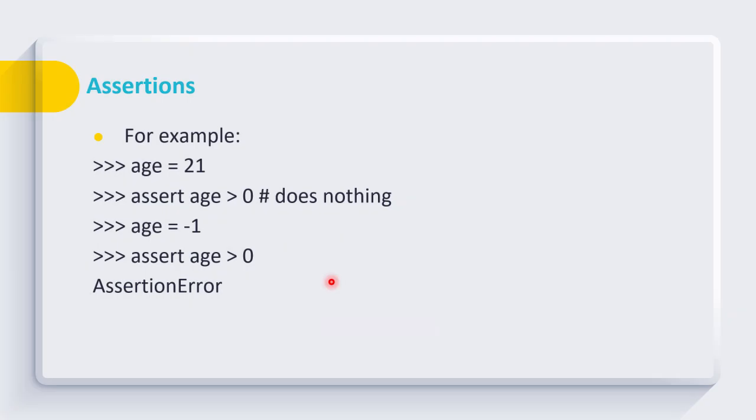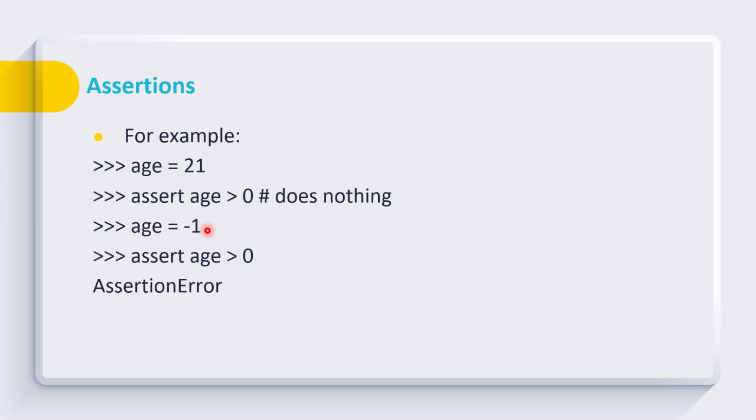So let us discuss this with an example. Let's suppose I have an age variable with the value 21 and I want to enforce a precondition with an assertion that age should be greater than 0. You can specify this condition like this. So the code is assert age > 0. So if age is greater than 0, it does nothing.